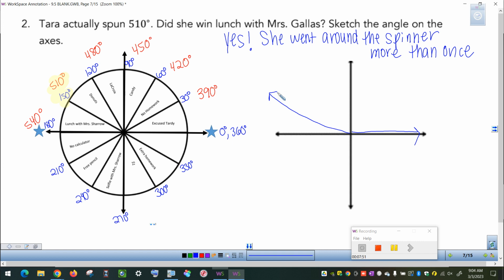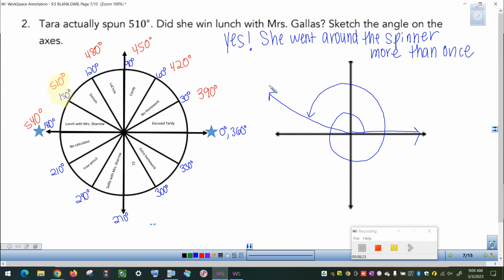And the way that we're going to show that we've gone around more than once is starting with our pencil here on the initial side, we're going to go one full time around our circle, but then we're going to keep going all the way until we get back over to that same ending point. So it kind of reminds me of a spiral, sort of like a cinnamon roll shape in the middle when we are going around more than once.